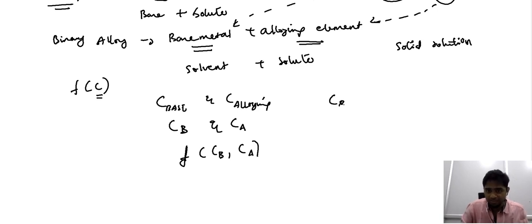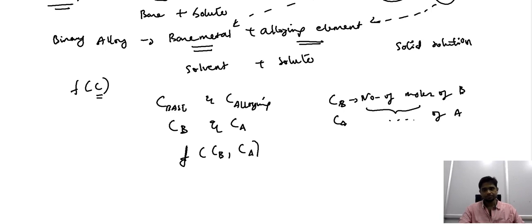So Cb is the number of moles of B present in the system, and Ca is similarly the number of moles of A present in the system. When we extend our existing understanding of a free energy function that describes a system, then for a binary system you need a combination of the concentration of both the base metal and the alloying element in order to describe the free energy of the system.